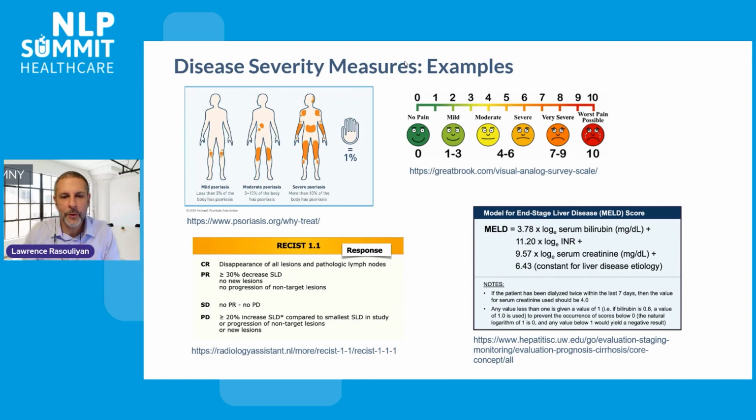Going from there to the left, where we have all the faces, this is an example of a visual analog scale, or VAS, that measures pain. This is the typical question where they ask the patient, on a scale of 0 to 10, how would you rate your pain right now, where 0 represents no pain and 10 represents the worst possible pain you can imagine. The patient might say, today I'm feeling about a 3.